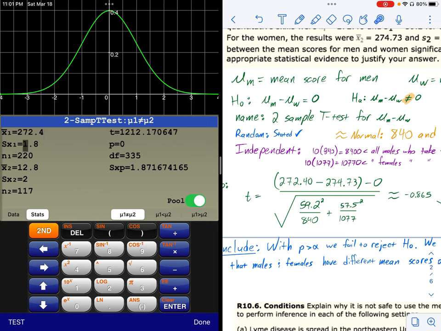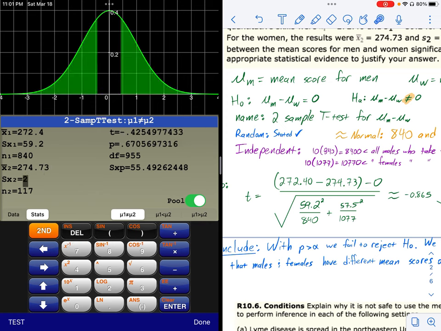It's like I'm jinxing myself. 59.2 was the standard deviation for the males. 274.73. And 57.5 and 1077. Notice on the options right below where the cursor is, it says data or stats. I have to do stats for this because I don't have all the data. I just have the summary statistics.